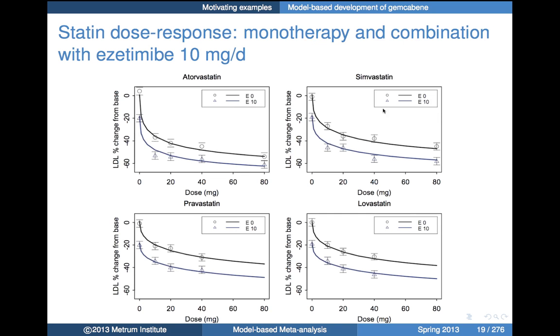And you can see the same sort of pattern across simvastatin, pravastatin, and lovastatin, showing roughly the same sort of incremental benefit of taking ezetimibe on top of the statin, and an incremental benefit that's roughly constant over the entire dose range of the statin.